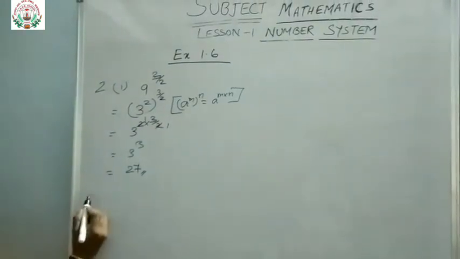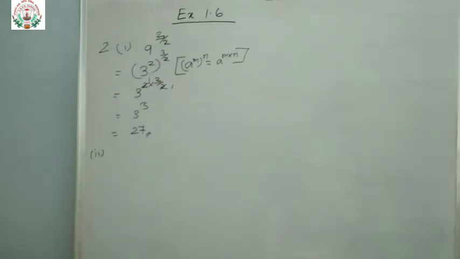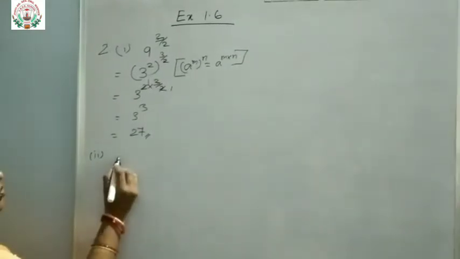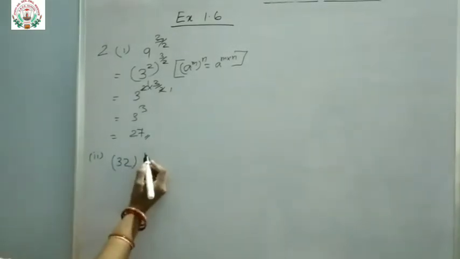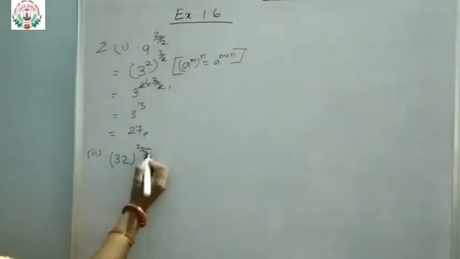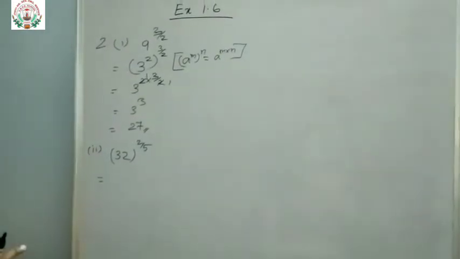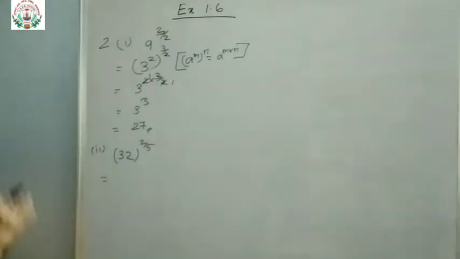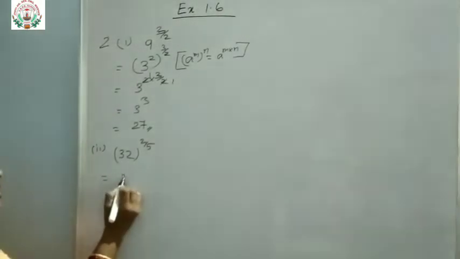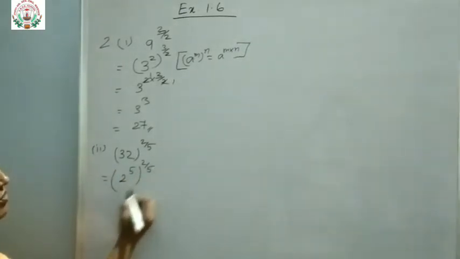Clear? The same way for the second question also. What is our second one? That is 32 whole to the power 2 upon 5. Okay, we know that 32 is 2 to the power 5, meaning 2 is multiplied 5 times. So it will be 2 to the power 5 whole to the power 2 upon 5.